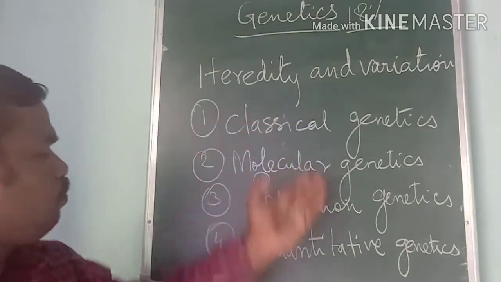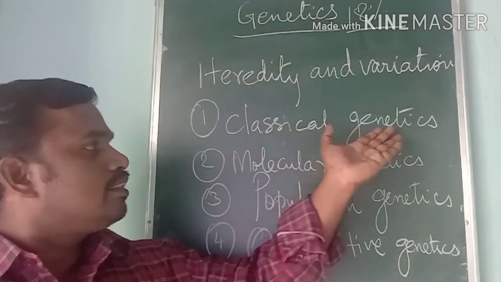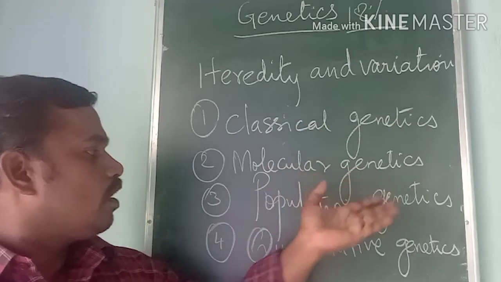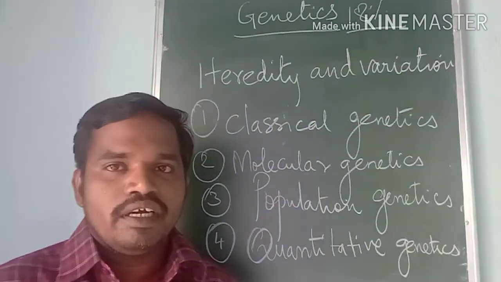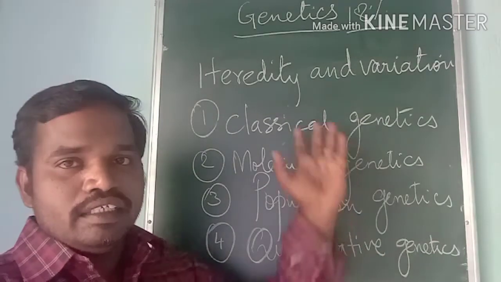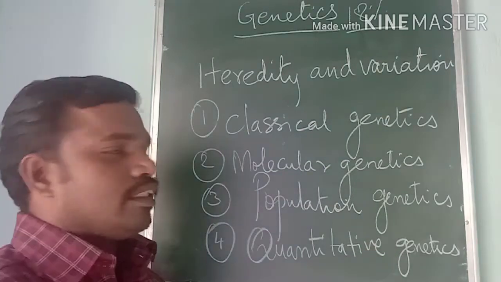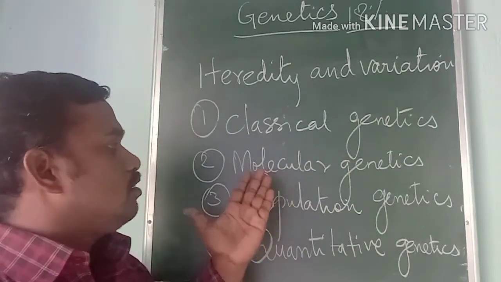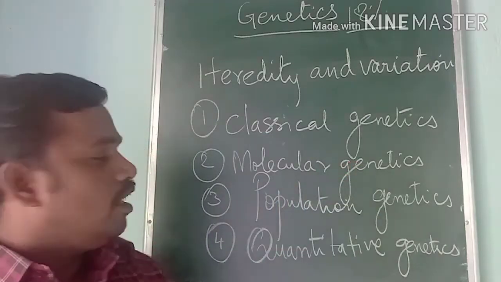So these are the 4 sub-discipline courses of genetics. One is classical genetics, another is molecular genetics, population genetics, and quantitative genetics. Classical genetics is the transmission of inheritance, transmission of the character, transmission genetics. Molecular genetics studies the structure and function of the gene at the molecular level.